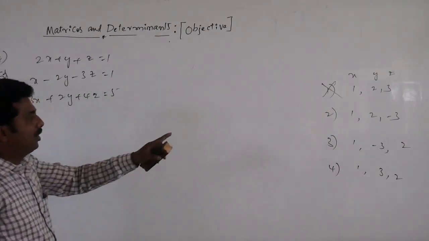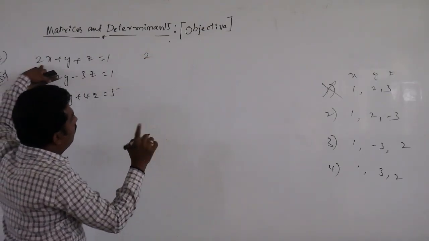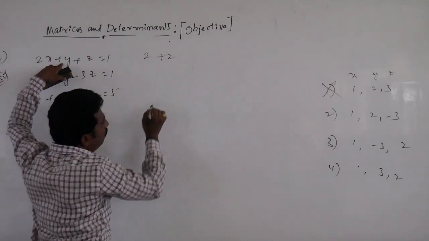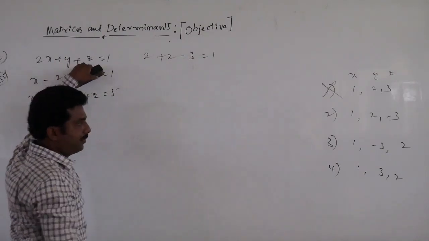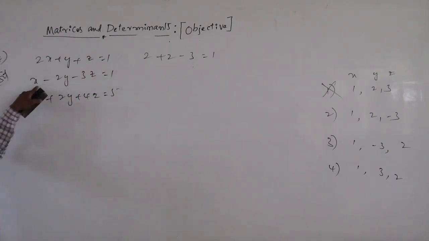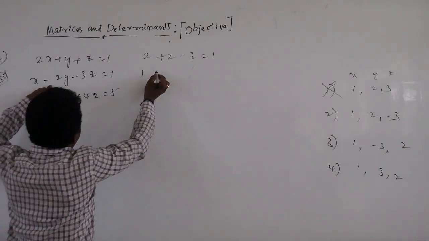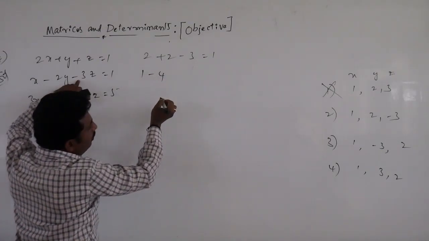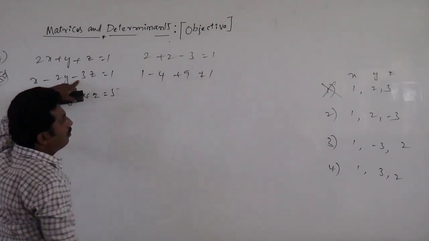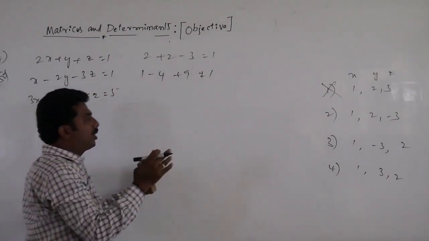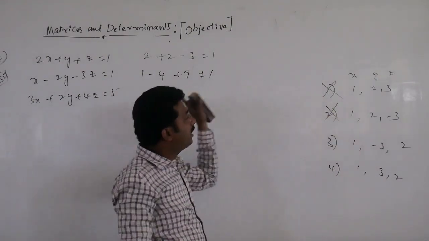Second option I am substituting: x value 1 means 2, y value 2 means again 2, z value minus 3, yes, it is satisfying. Same option you substitute in the second equation: x value 1 means 1, y value 2 means minus 4, z value minus 3 means plus 9, which is not equal to 1. So you can delete this option because these values are not satisfying the second equation.